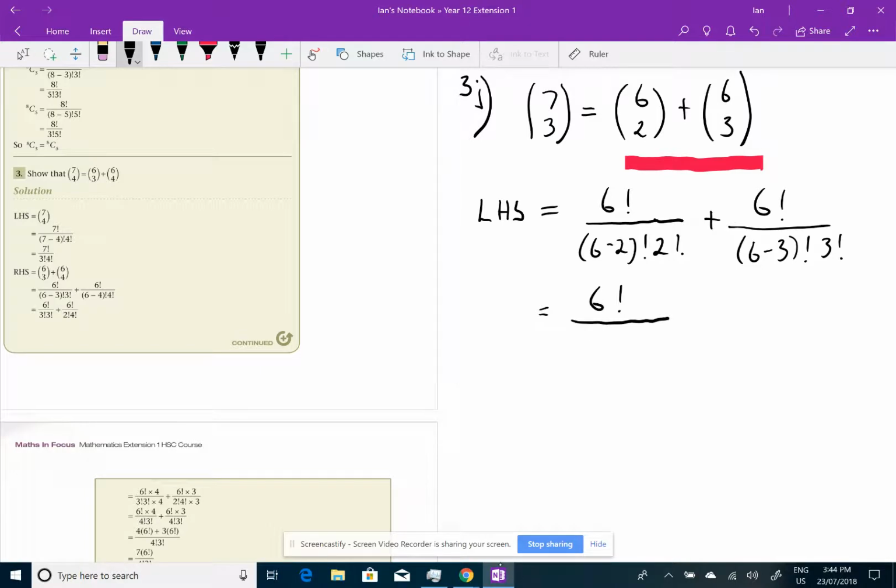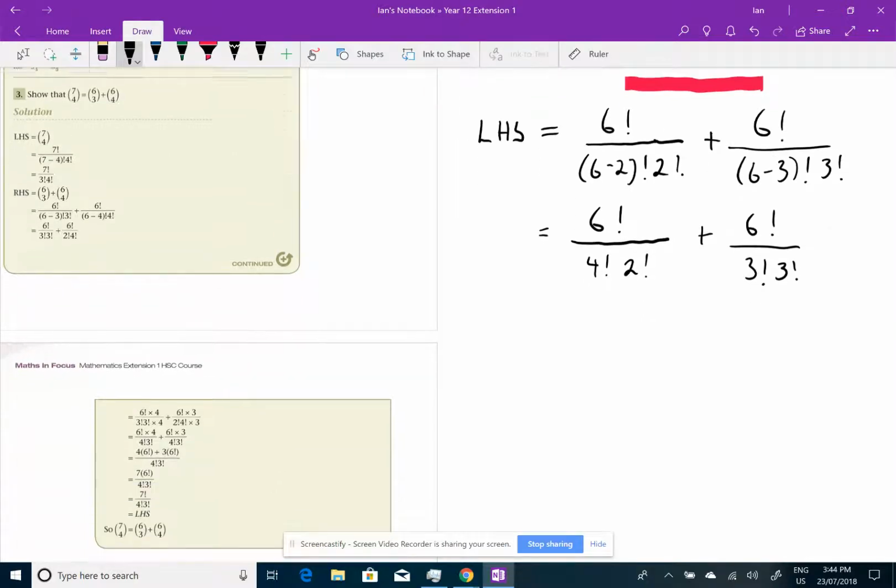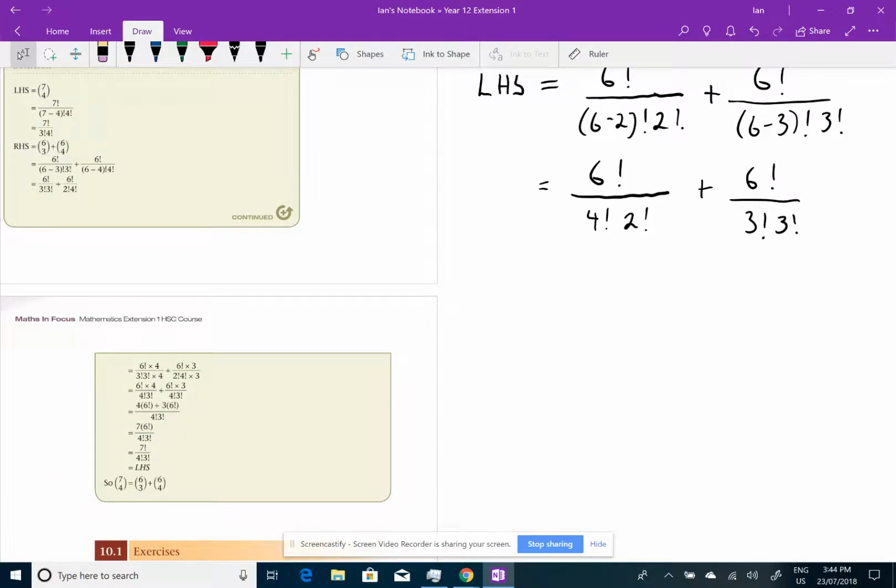And 6 minus 2, I get 4 factorial and 2 factorial. And here I get 6 factorial, and 3 factorial, 3 factorial. Now these are two fractions and I want a common denominator. Now I could just multiply both sides by the 4 factorial and the 2 factorial, but if I'm a bit smarter, I can write things a bit differently to find the lowest common denominator.